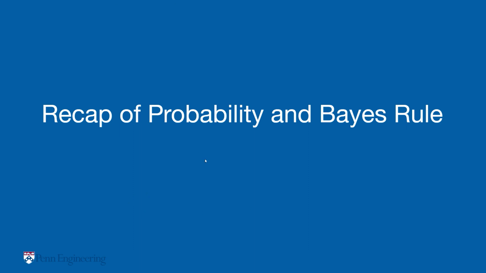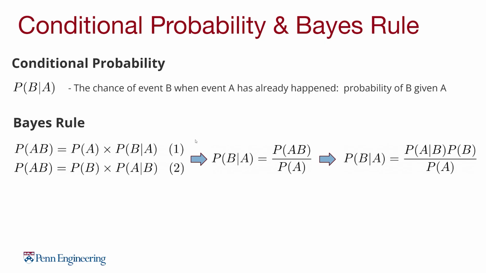Then let's recap some concepts of probability that will be used for the deduction of the Bayes filter. The first is the conditional probability and Bayes rule.